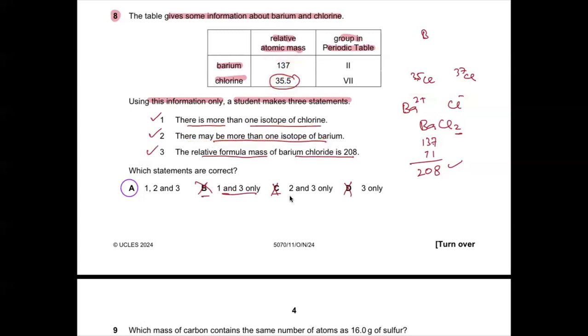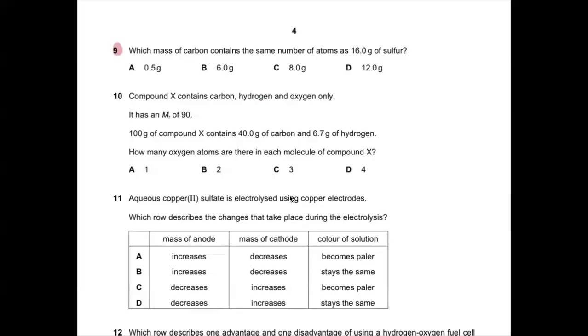Okay. Now, MCQ number 9. Which mass of carbon contains the same number of atoms as 16 gram of sulfur? It's really easy. Just turn them into moles. For sulfur, 16 is the mass and its AR is 32.